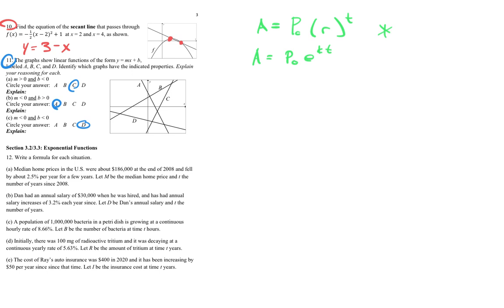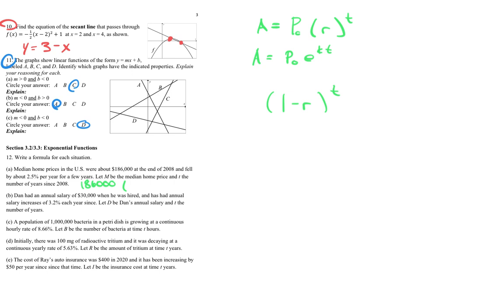So for this one, our initial amount is $186,000. And then we have our rate. If we fall by about 2.5%, the way we can think about that is that we're doing 1 minus r to the t because we're going downwards.